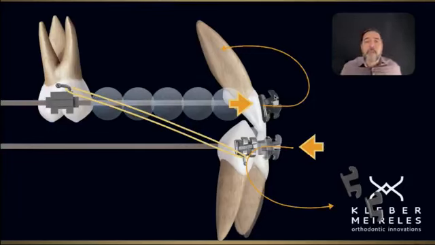So in this case, what I'm doing is thinking about the mechanics. But think about it. For every case that you treat, do you have the same need, the same torque embedded inside the slot? I don't think so.